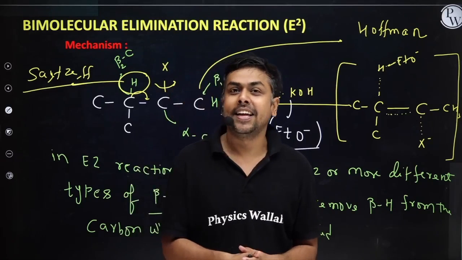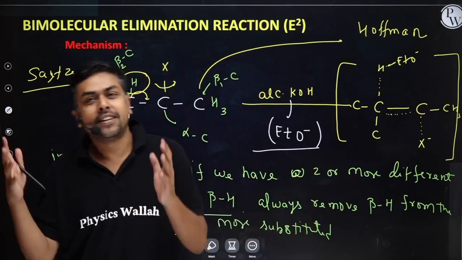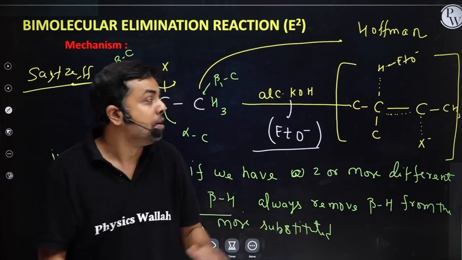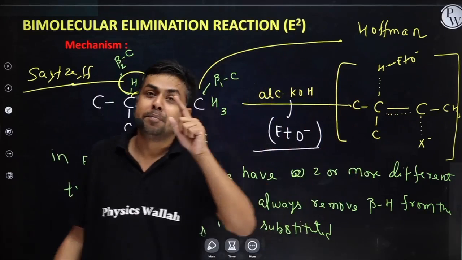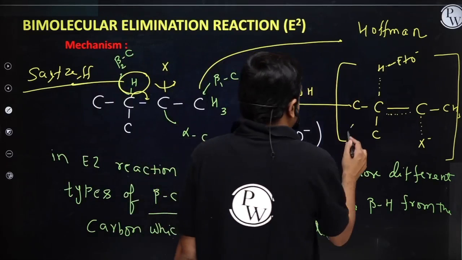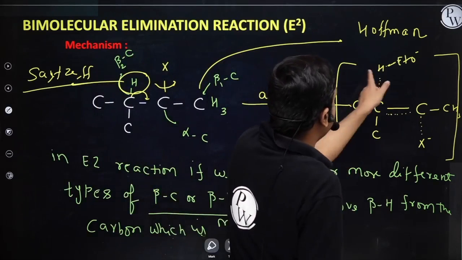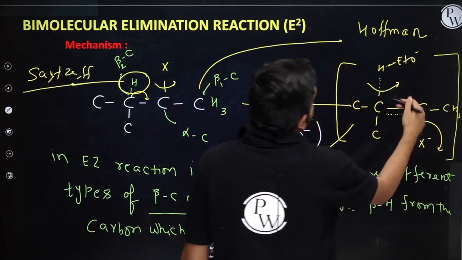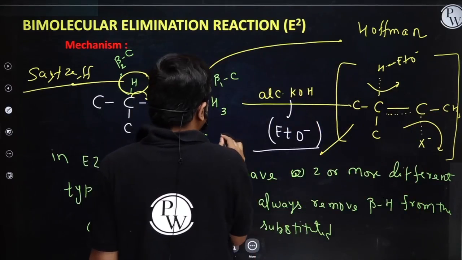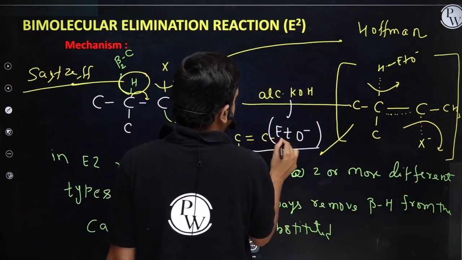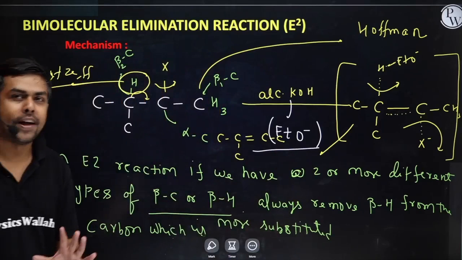Stability of alkene, if resonance is not there, is dependent on hyperconjugation. More the number of alpha hydrogen, more is the substituted alkene, more is the stability. Am I clear? Now the final product: you remove this beta hydrogen, you remove this halogen and this hydrogen and form alkene. So the product is C, C, C, doubly bonded C and C. This is my final product.